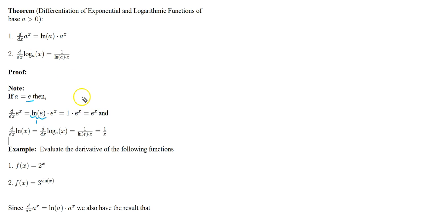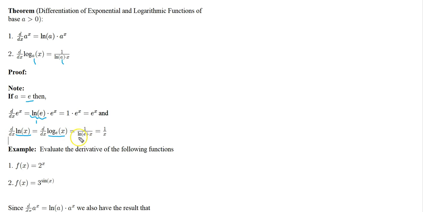And the same thing for part 2. We recover the formula that the derivative of the natural logarithm is 1 over x. If I put an e in place of the a here and here, this formula just becomes d dx log base e of x. Now log base e of x is the natural logarithm.